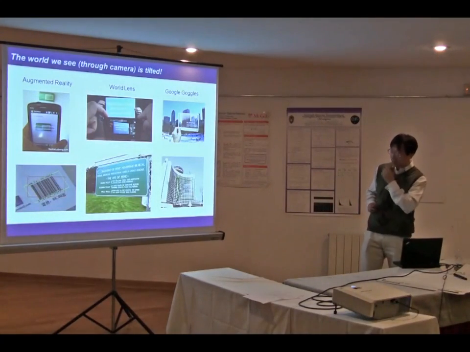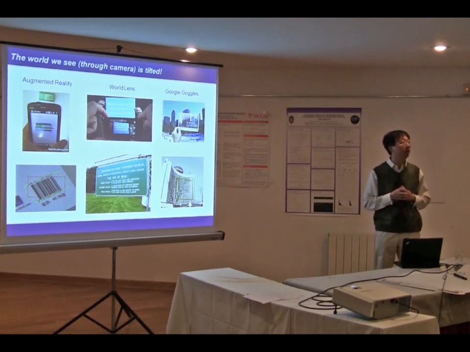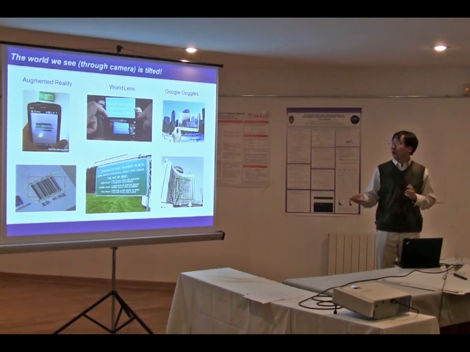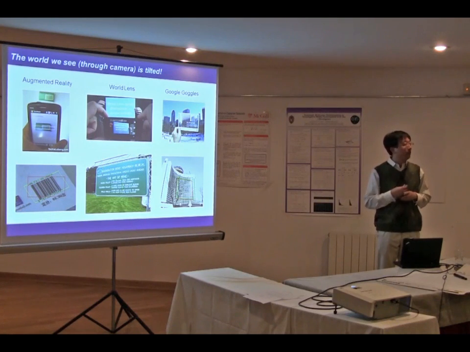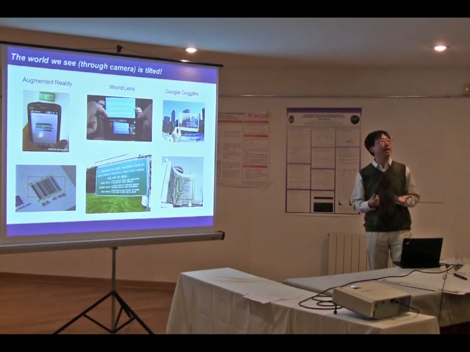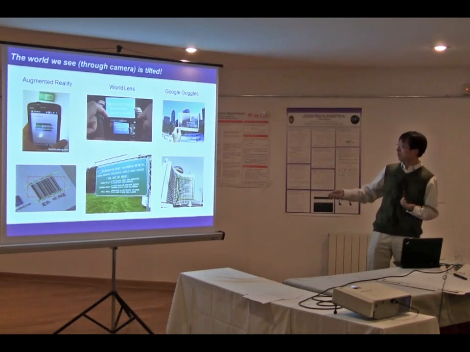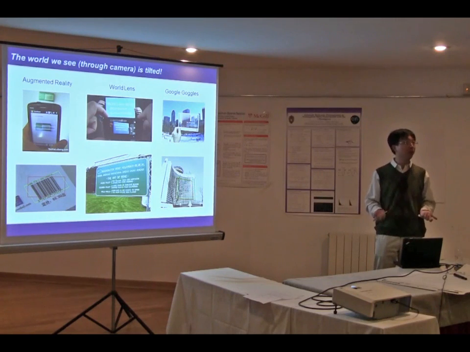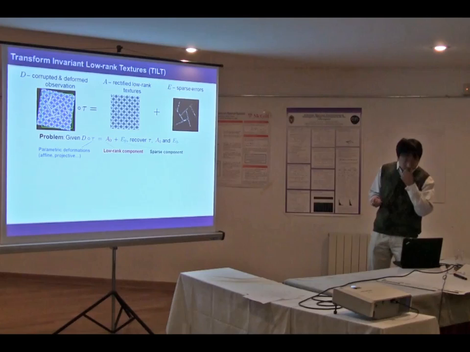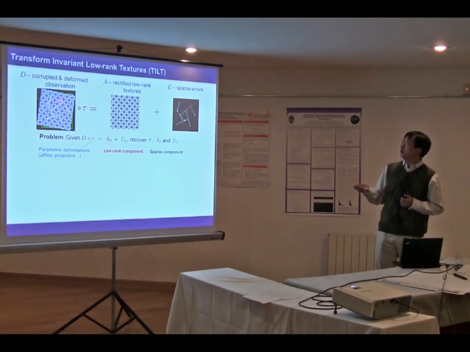But in practice, you may take a picture from an arbitrary angle, right? And you have to deal with images like this. So even the structure you're looking at can be deformed. There's a perspective or even nonlinear deformation. You can apply RPCA to that, but you'll still get garbage. So the problem is like this: you don't even see the frontal view or corrupted view.